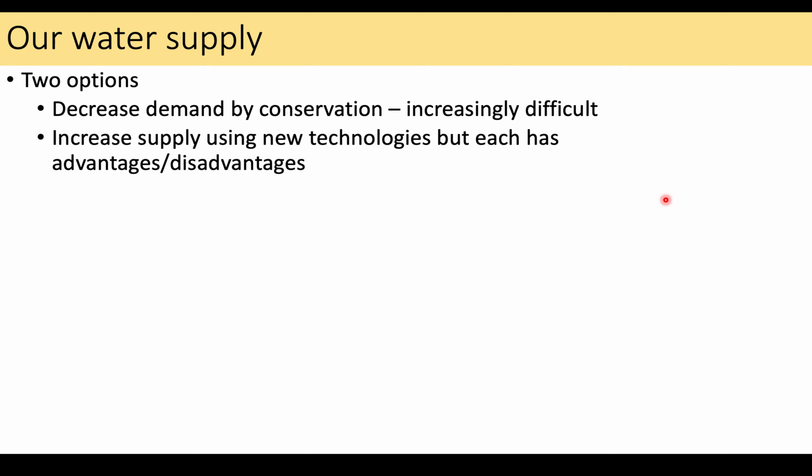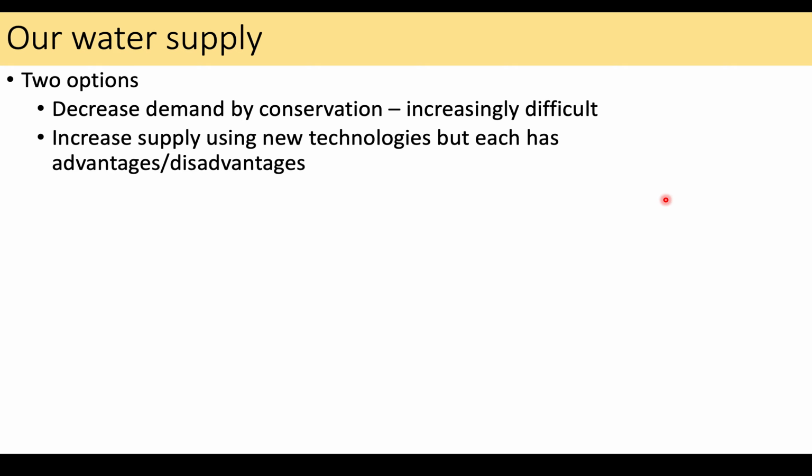One would be decrease the demand, so stop using so much water, conserve water. This is increasingly difficult as population increases. So as population increases, it becomes more and more difficult to conserve water because there's more people who need more water.